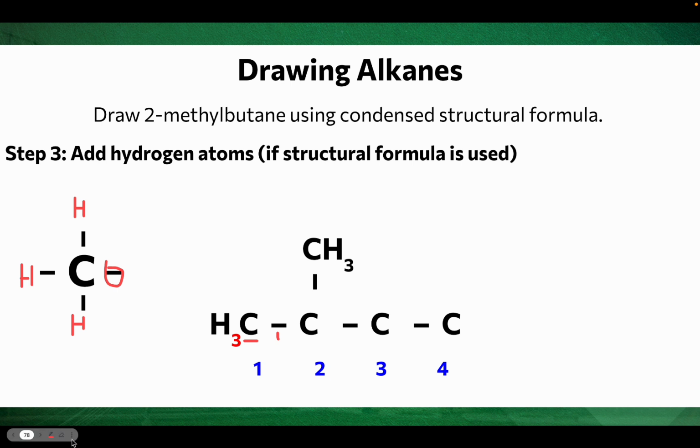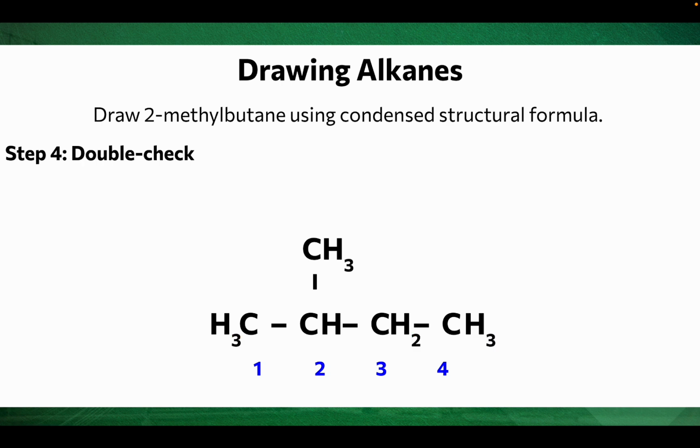This carbon has 1, 2, 3, so you need to have 4, so it lacks 1 hydrogen atom. This carbon has 1, 2, so you need to have 2 more bonds, so you will put 2 hydrogen atoms. And this one has 1, so you need to have 3.